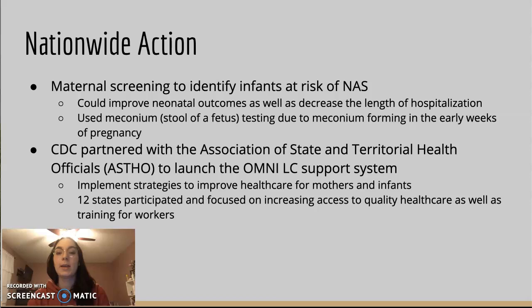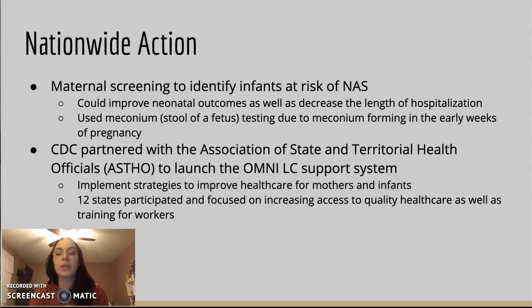So a way that they're doing it is using a test that takes the stool of an unborn fetus in the earlier stages of pregnancy, and this is the most recommended test to do as well as the easiest one to do because it's in the earlier stages, so they're able to get results more quickly than if they had to do a test that was later in pregnancy.